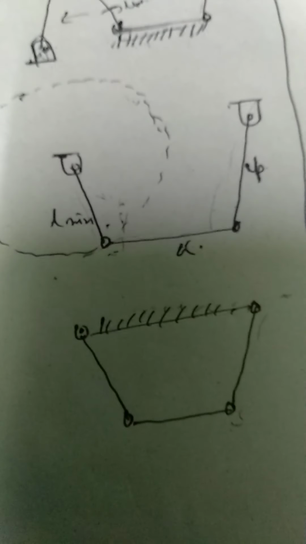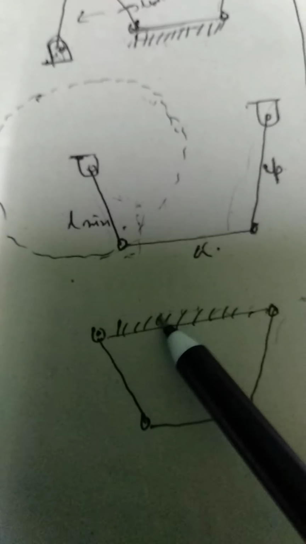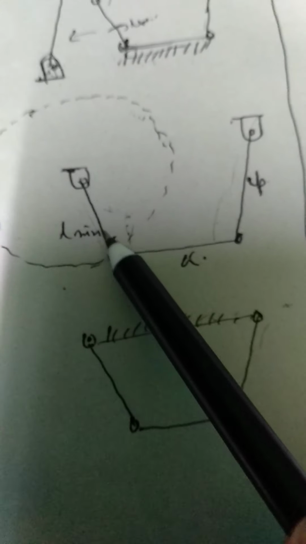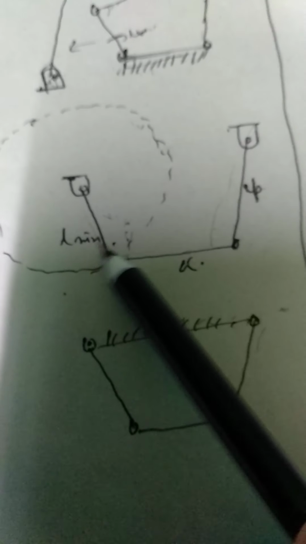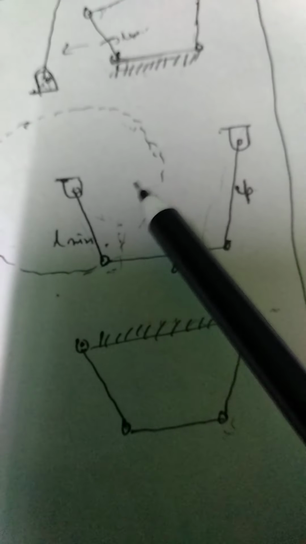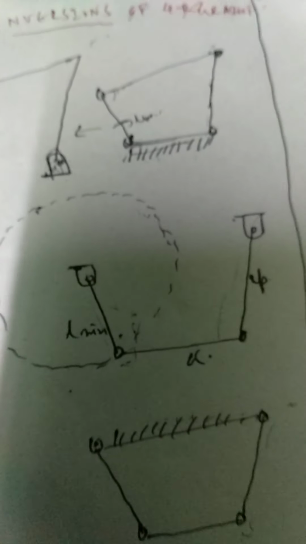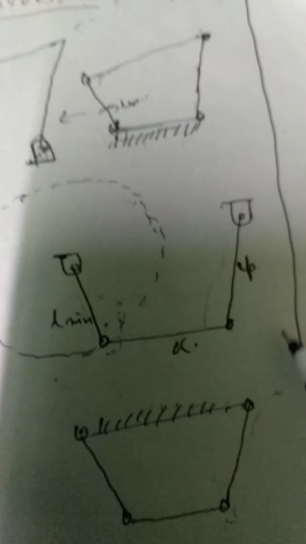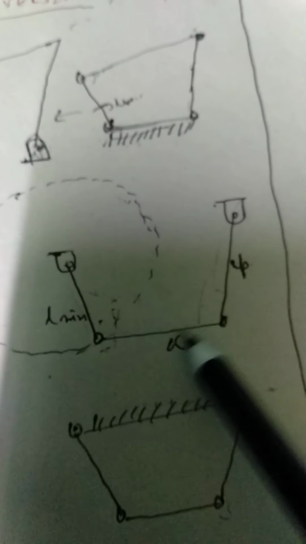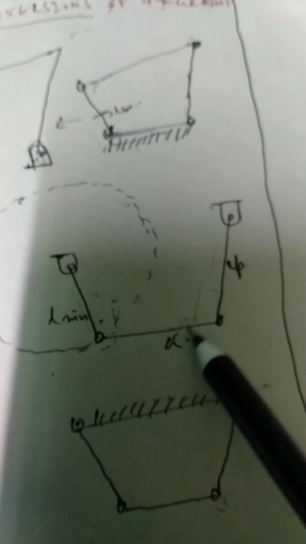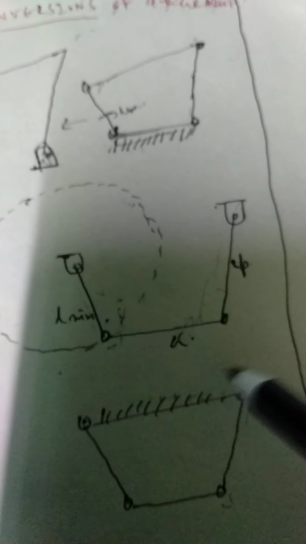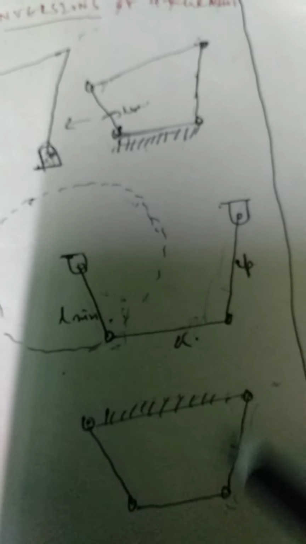So here this is the crank, or the L min, which can rotate completely, and the other links, this link and this link, will only rock with respect to each other.